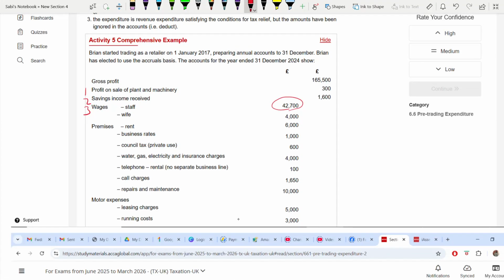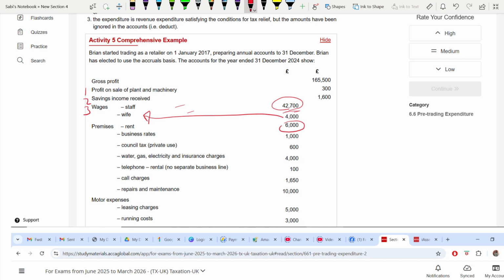So coming to the rent. If you see here, this is 6,000. Okay, I'm sorry. This 42,700, this 4,000 is for the wife, and that 42,700 is for the staff. The reason is there's a space in between. That's why I got a little confused, thinking that 4,000 was rent. The rent is 6,000.